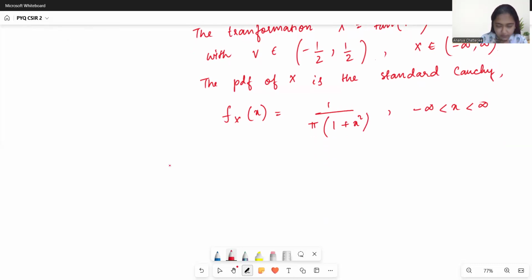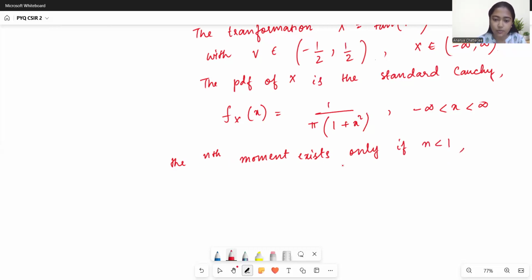For the Cauchy distribution, the nth moment exists only if n is less than 1, right?